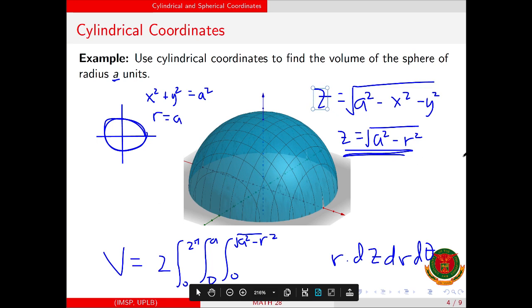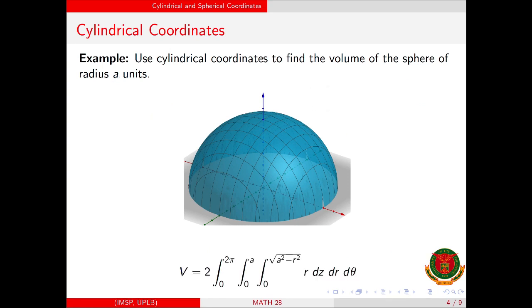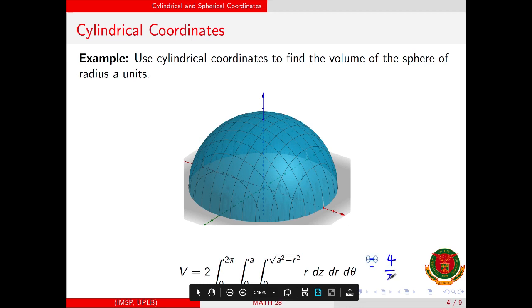So the volume of the sphere is given by the integral from 0 to 2 pi times the integral from 0 to a times the integral from 0 to square root of a squared minus r squared of r dz dr d theta, and multiply it by 2. And if you simplify this integral, you should check that this should be equal to 4/3 pi a cubed.